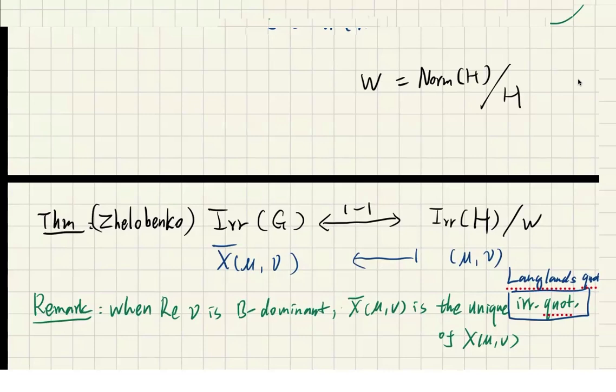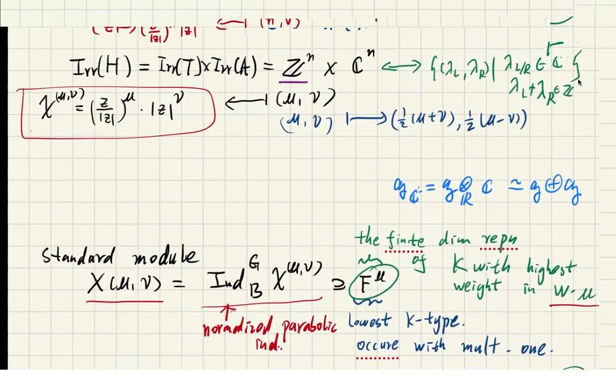Okay, in practice you have Z^n cross C^n, and your Weyl group, for example for the GL_n case, just permutes the coordinates. So you have an S_n action on Z^n, and you have an S_n action on C^n. So the actual action is the diagonal S_n action on Z^n cross C^n. So this is the Weyl group of the complex group.